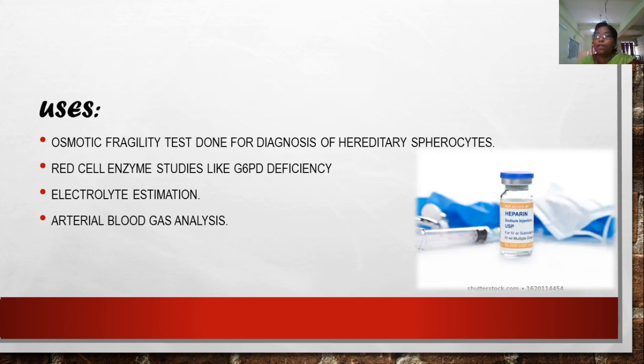We discussed different types of anticoagulants, like EDTA, which is commonly used, then heparin, sodium citrate. Heparin is expensive. For osmotic fragility test, red cell enzymes, electrolyte estimation and arterial blood gas analysis we use heparin. Thank you, children. This is about anticoagulants.